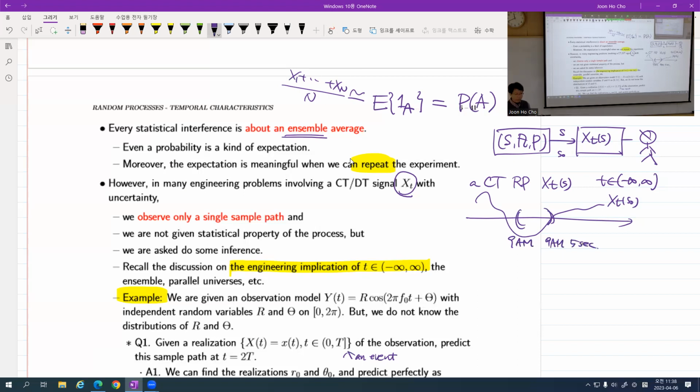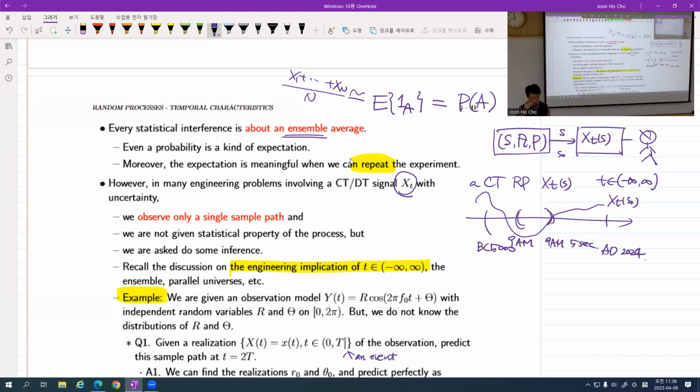As an electrical engineer, we build some system, and that system observes only 5 seconds. Or if you really want, that is EECE574 2024 something. We can observe only a part of a single realization if we literally interpret plus minus infinity. There is no ensemble average, right?